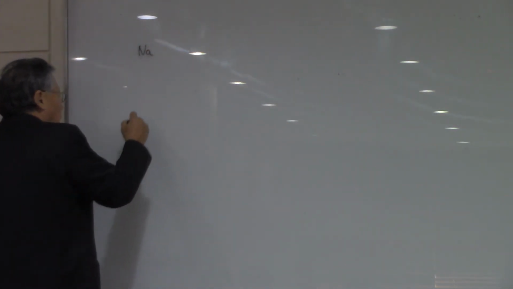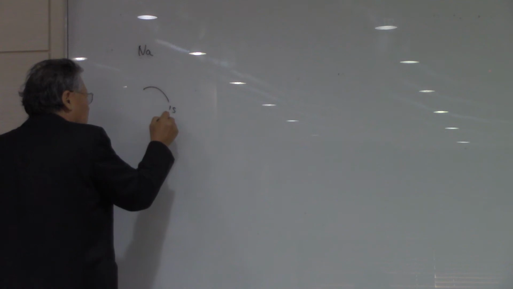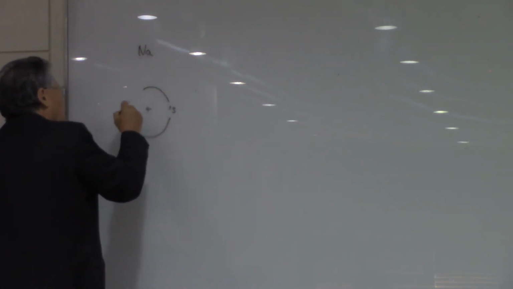For example, if you have one sodium atom, it has 1s electrons, and next it has 2s2 electrons orbiting something like this.